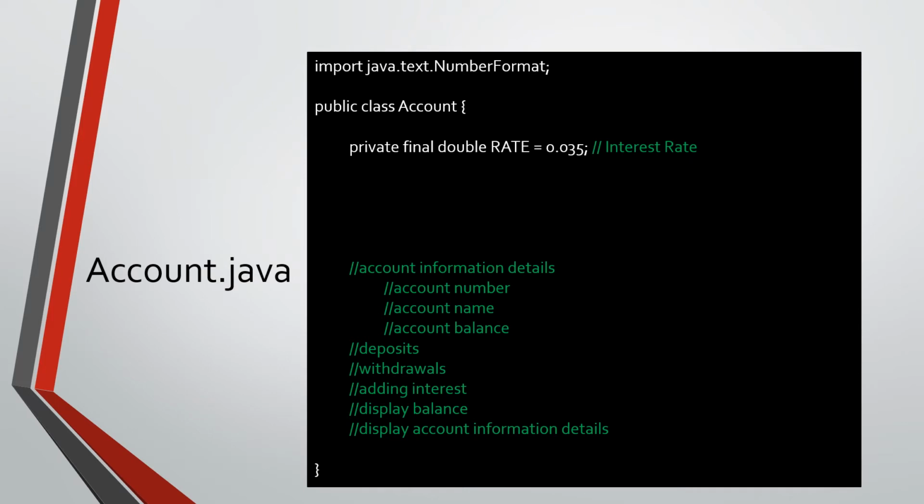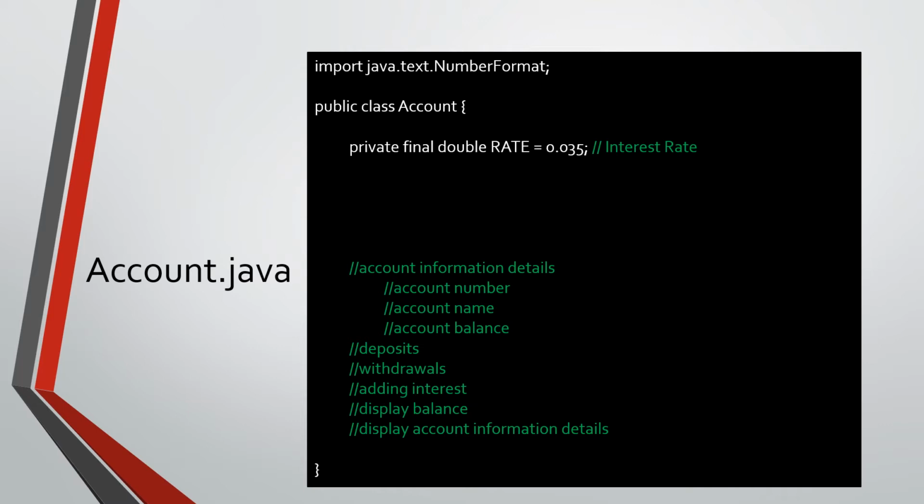Now let's declare some variables. These variables will be used in the Account class and will hold the account number, the owner name, and the balance. We will make these private. Again, private is a visibility modifier and can only be accessed by the methods of the class.